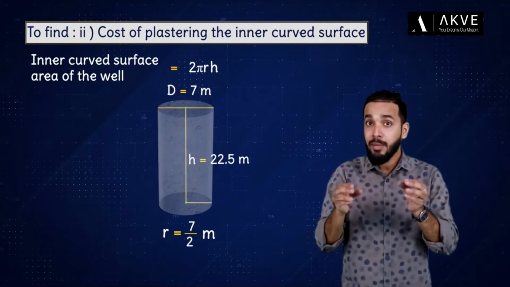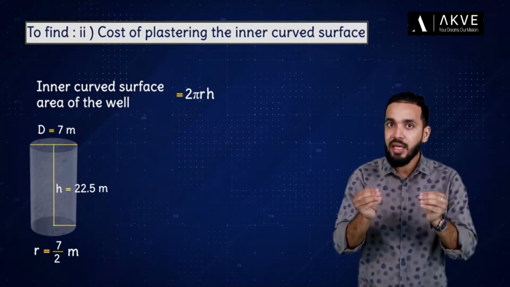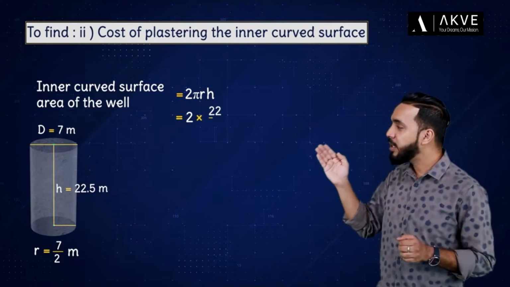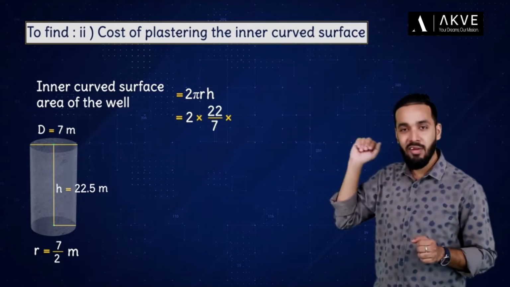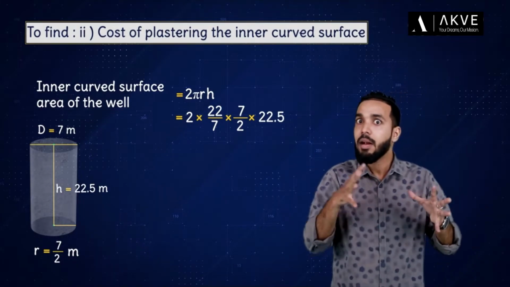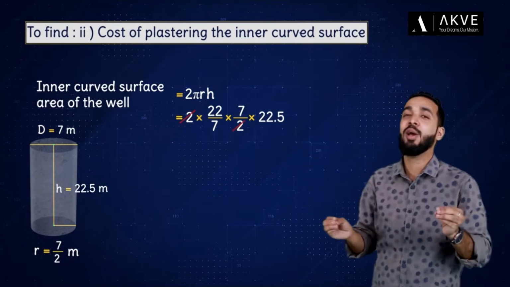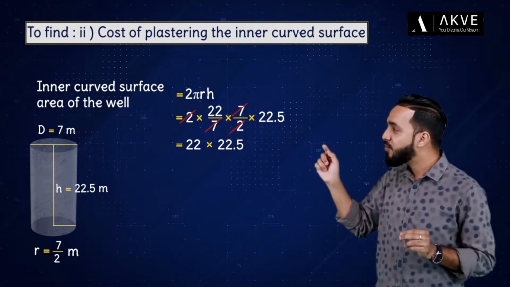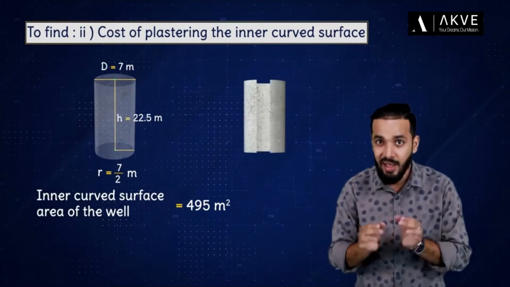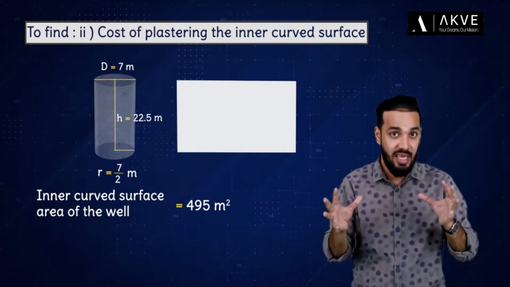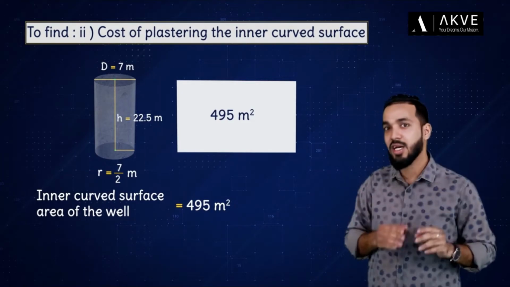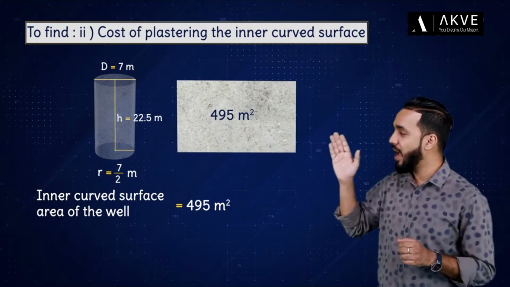So now, coming to the calculations, the inner curved surface area of the well is equal to 2 into 22 by 7 into 7 by 2 into 22.5. On multiple levels of simplification, we finally arrive at 495 square meters. So basically, the inner curved surface area of the well that has to be plastered is just 495 square meters.